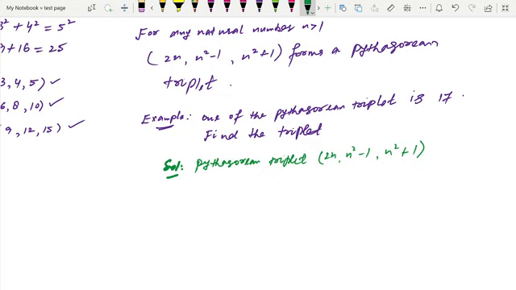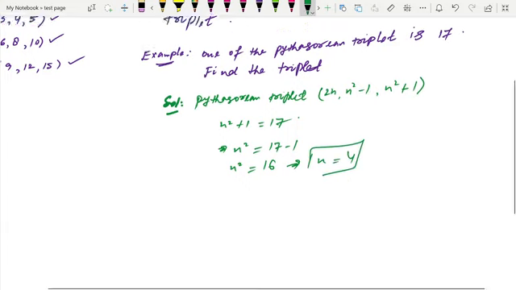N square minus 1 cannot be 17 either for a natural number, correct? So clearly, on comparing, I will definitely get n square plus 1 equal to 17. That implies n square is equal to 17 minus 1, that means n square is equal to 16. It simply means that n is equal to 4, correct? Because n is a natural number.